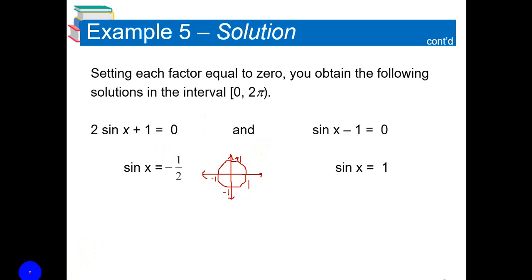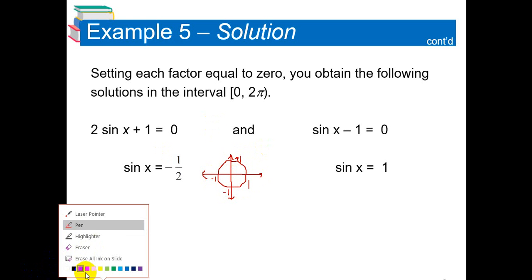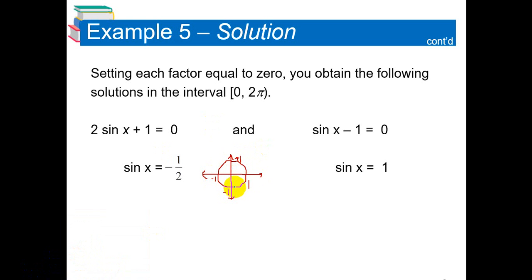As I earlier mentioned, my reference angle will be pi by 6 here, which is equal to 30 degrees. This is my reference angle, that is pi by 6. So sine pi by 6 is equal to positive 1 over 2, and you have to find those values which will reflect the negative 1 over 2. This is called the reference angle. It's not a solution. It just gives you a clue to find the principal solution within the period.